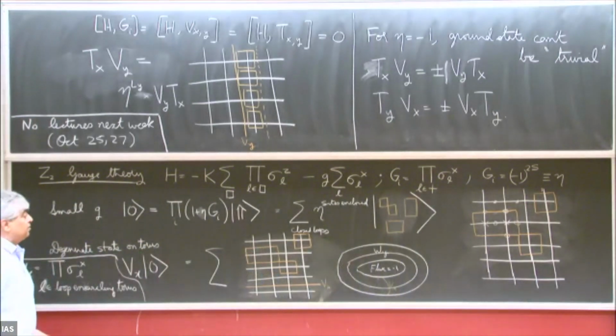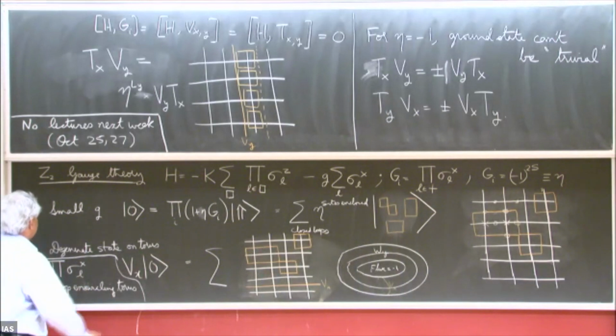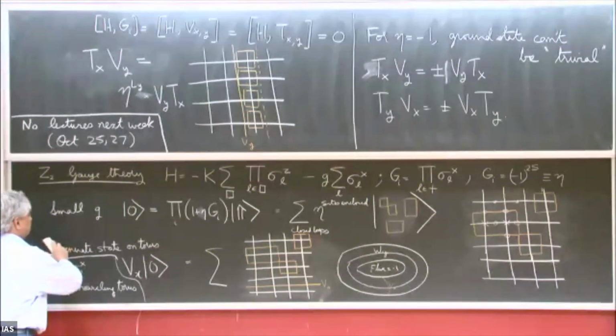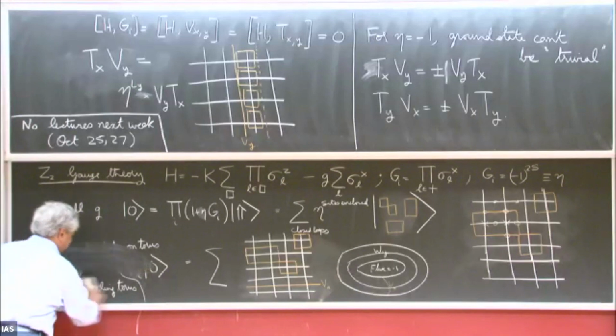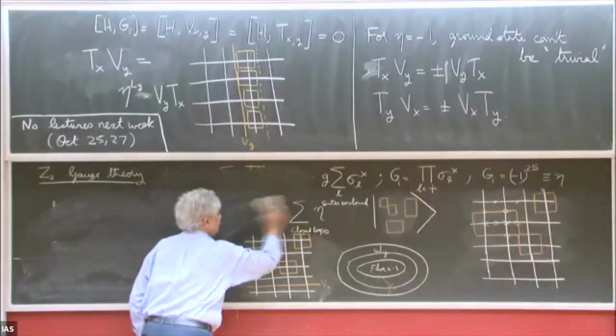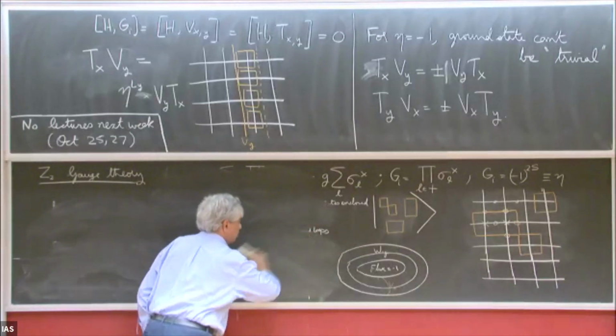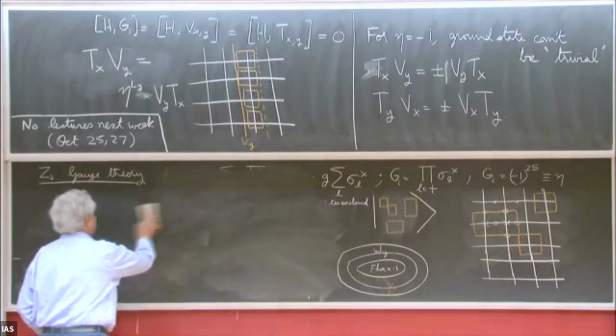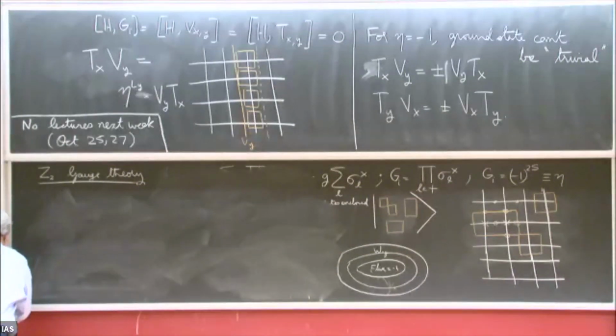Okay, so let's figure out what happens at large G. This is something I mentioned briefly last time, but let me say a few more things about it. The interesting case, of course, is eta equals -1.